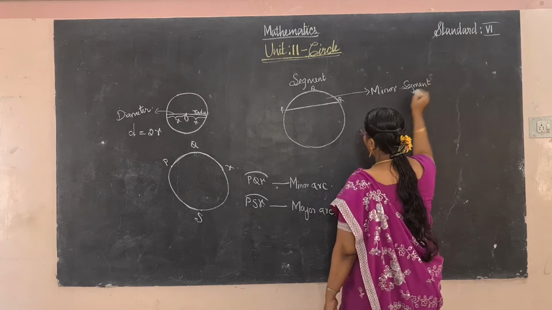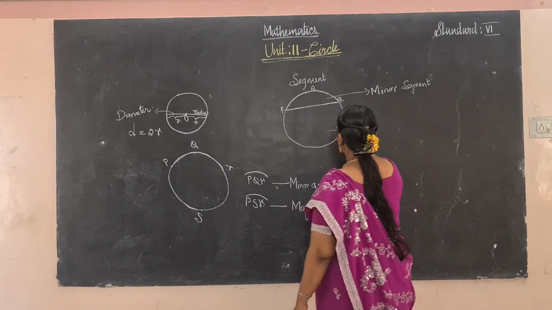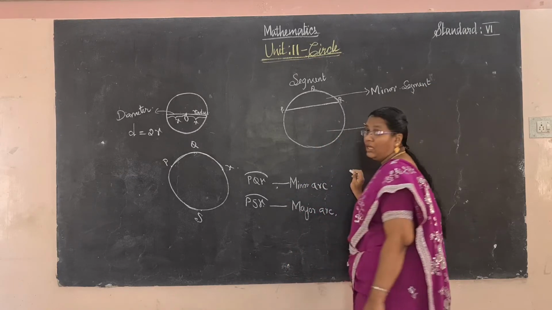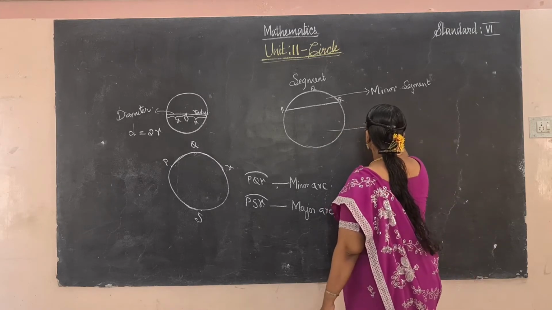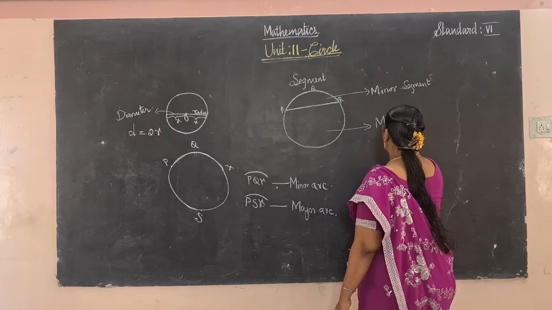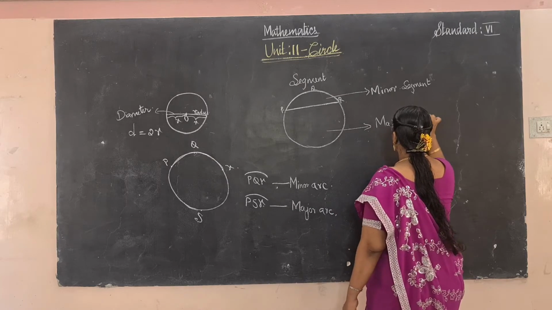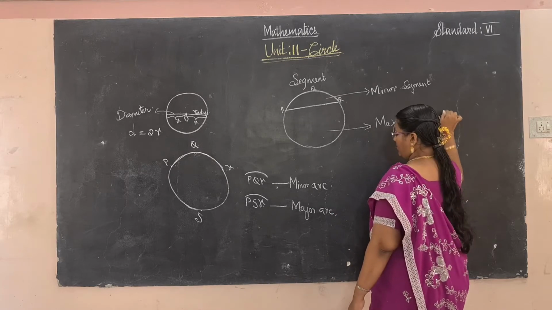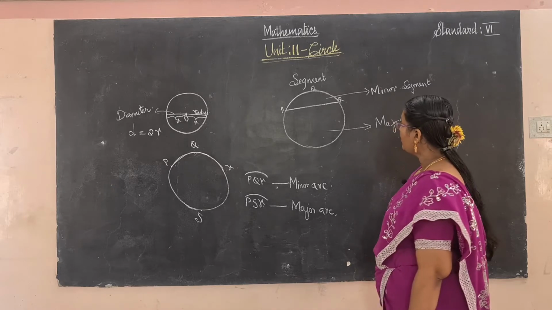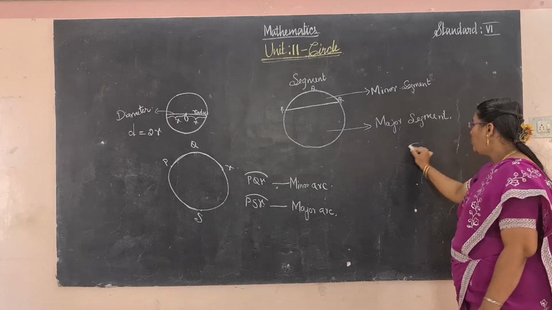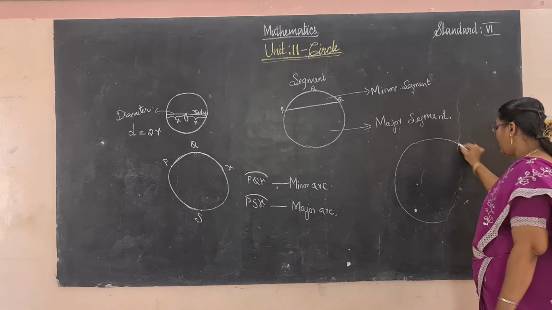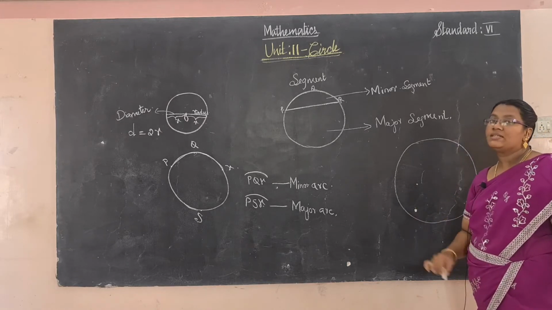Minor segment. The largest area of the segment is called the major segment. And other elements are the points that lie in the interior and exterior of the circle.